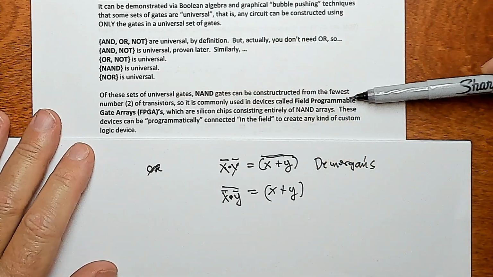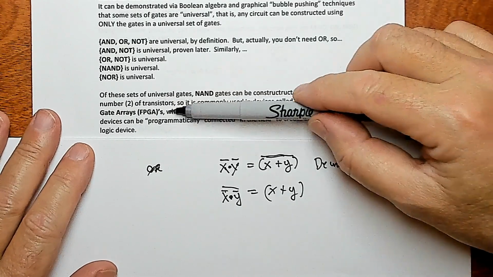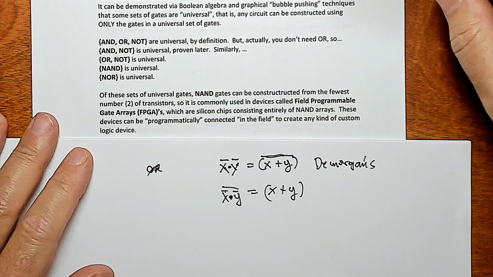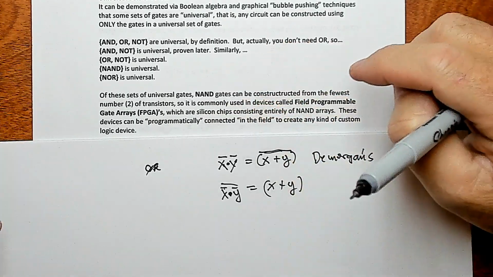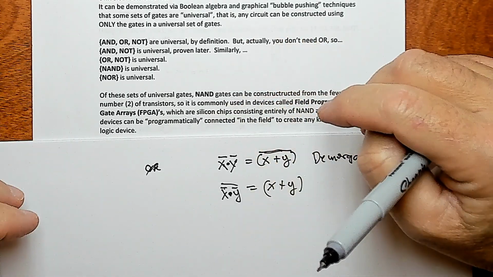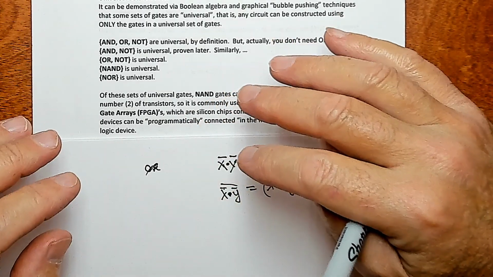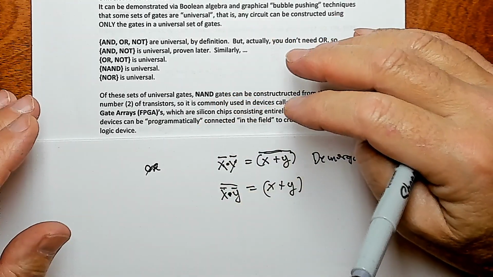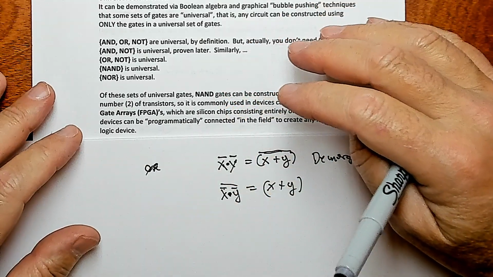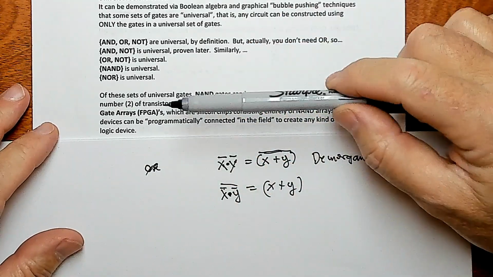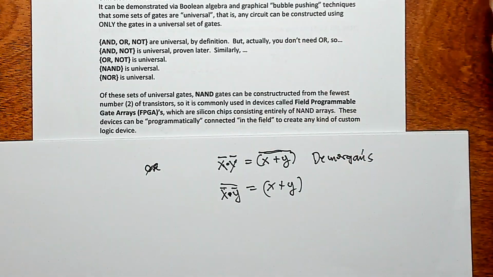So there are actually devices called field programmable gate arrays that consist of nothing but NANDs, and you program them. It's not programming like C++. It's basically connecting the wires up between the gates and building a circuit out of them. Given any Boolean equation, any gate diagram, you could construct any kind of circuit.